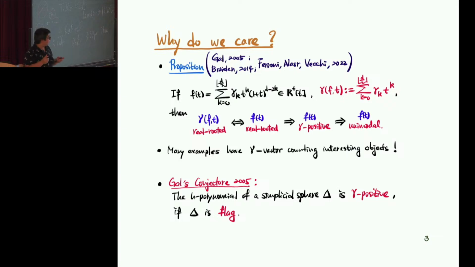I forgot the name. But PF2 implies this log-concavity result, and then implies gamma positivity, and implies PF1.